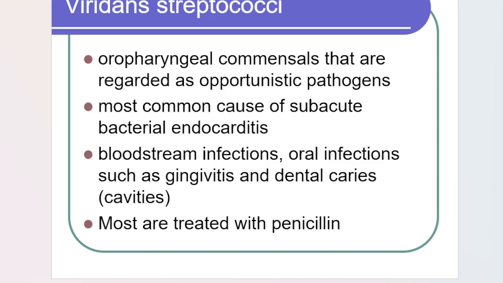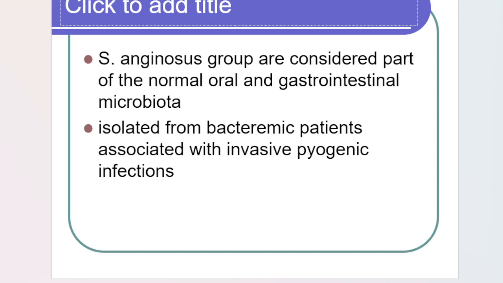Okay, oropharyngeal commensals that are regarded as opportunistic pathogens. These are the most common cause of subacute bacterial endocarditis, bacterial infection, and oral infections such as gingivitis and dental caries. So, they are common also in the oral cavity. So, the anginosus group are considered normal flora ng GIT.